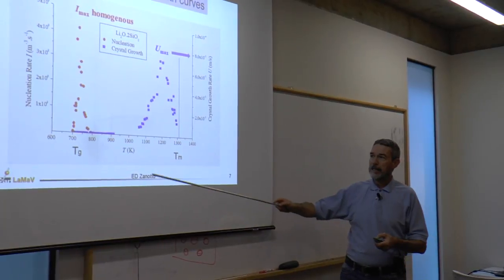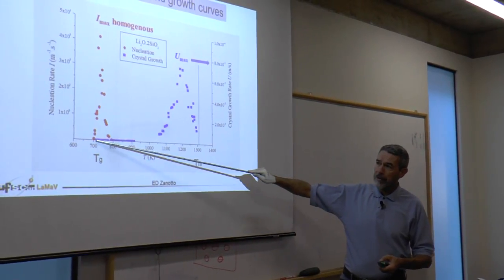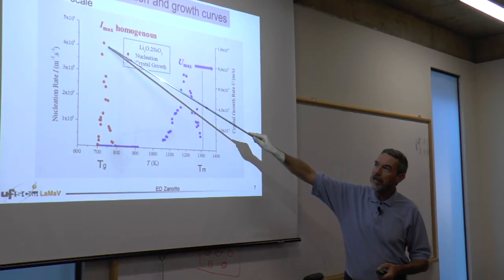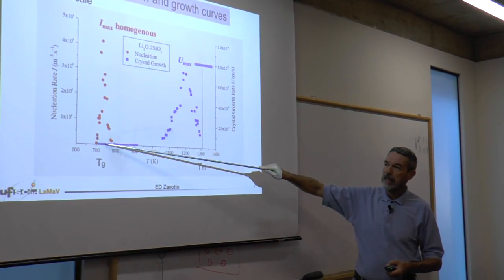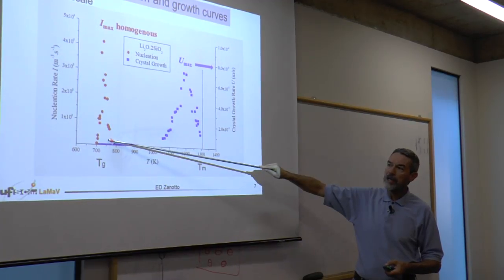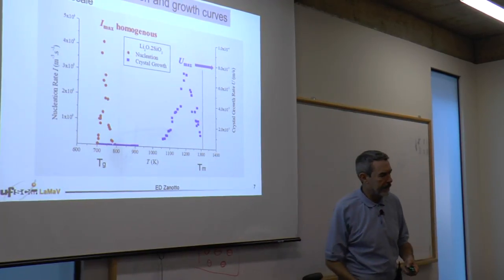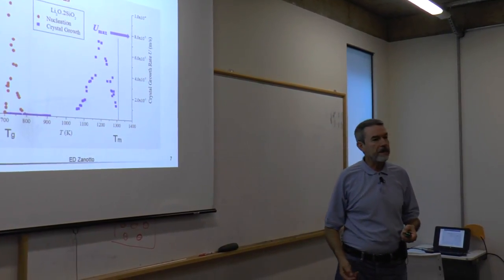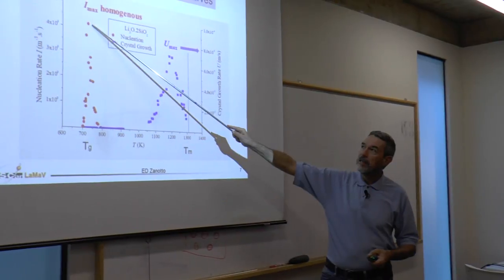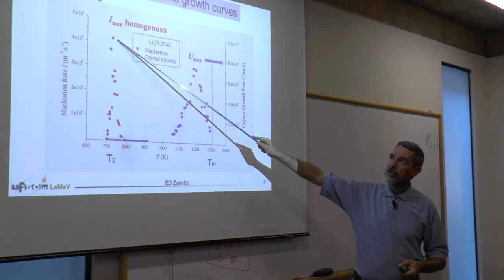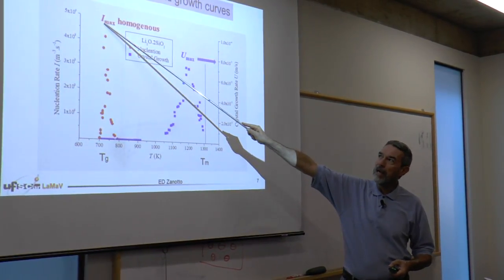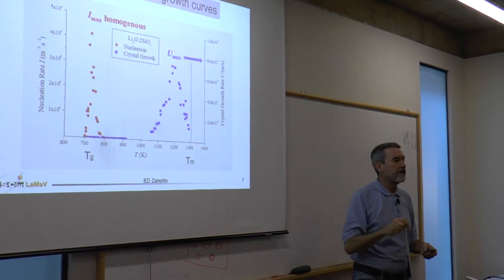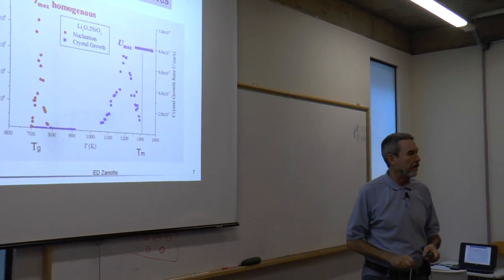Okay, then by varying the temperature of study, one can then produce a nucleation rate curve. And for homogeneous nucleation, you find out that for most glass-forming liquids, the peak, that is to say the maximal nucleation rate, coincides more or less with the laboratory glass transition temperature.